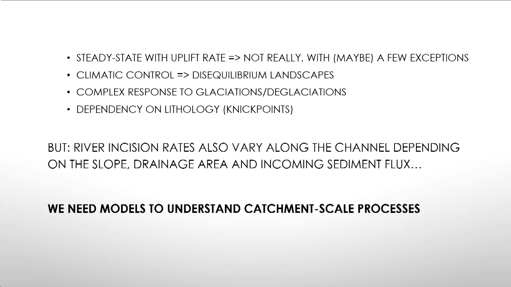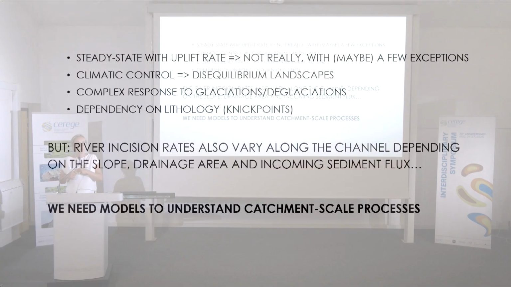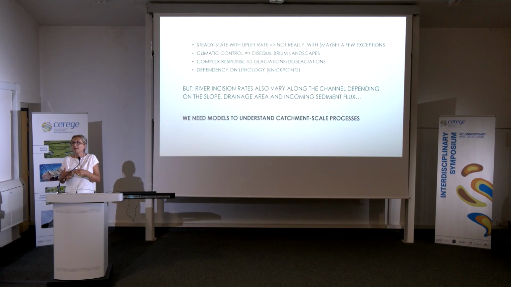It depends on the slope, the drainage area, and the channel width. So there are many factors that control the rate of incision of a river, and if you have only one or two measurement points, it's difficult to assess the complex behavior of the whole catchment.